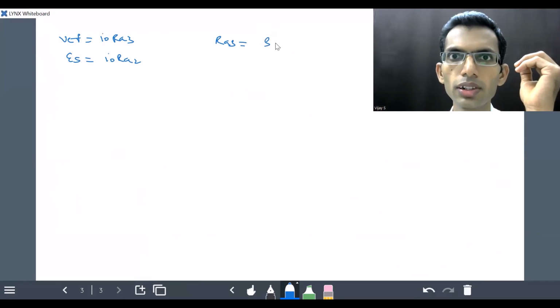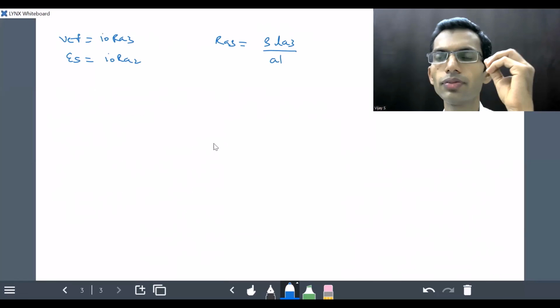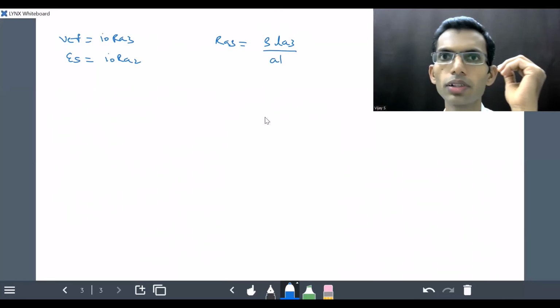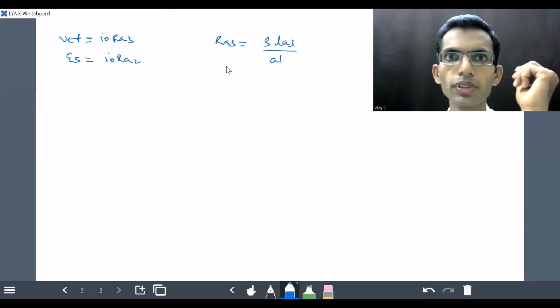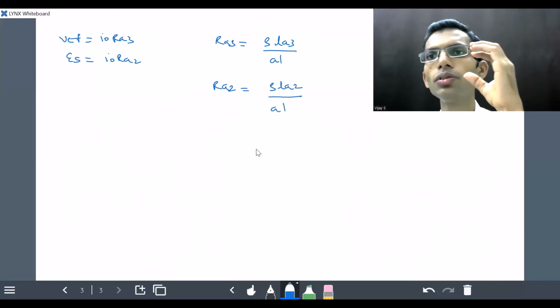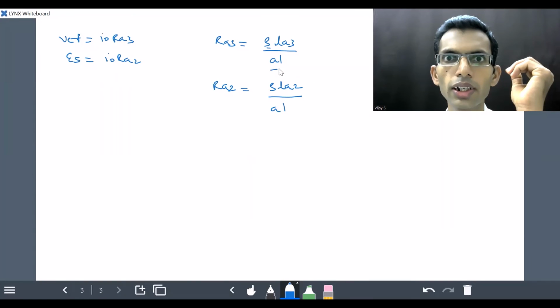We know the resistance of the wire is rho LA3 by A dash, where rho is the resistivity of the wire and A dash is the area of cross section of wire AB. LA3 is the length of the wire. Similarly, RA2 is equal to rho LA2 by A dash. In the two cases, we use the same wire AB of uniform cross section, therefore rho and A dash are common.